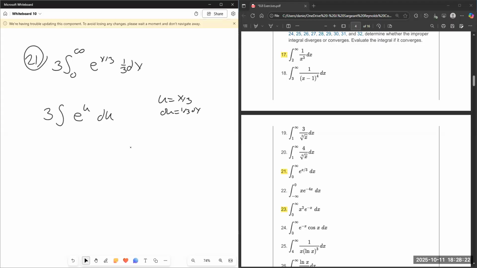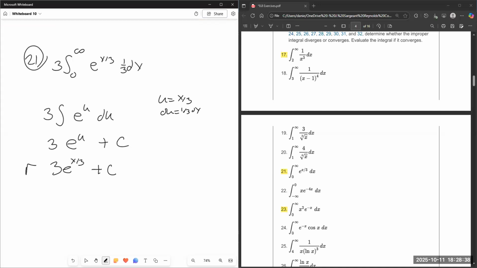Let's look at this indefinite integral first, see what happens, and then we'll make it definite. This is 3e to the u plus c, which would be 3e to the x over 3 plus c, my capital F of x for my antiderivative.